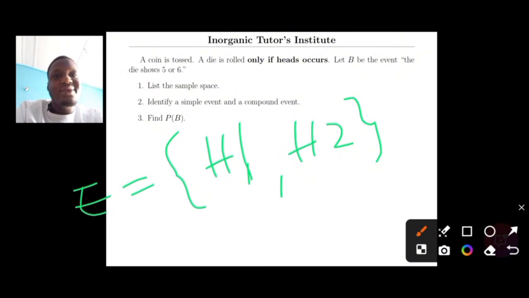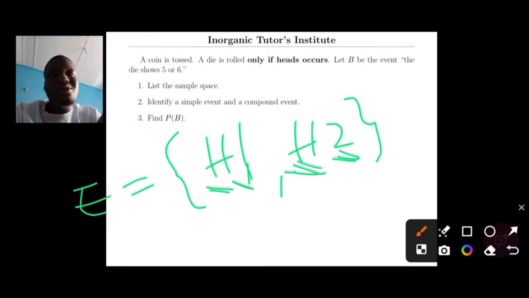Sounds technical, right? This event is saying that the event of tossing a head and rolling a 1, or tossing a head and rolling a 2. So you pick 2 elements from the sample space and you define them correctly.